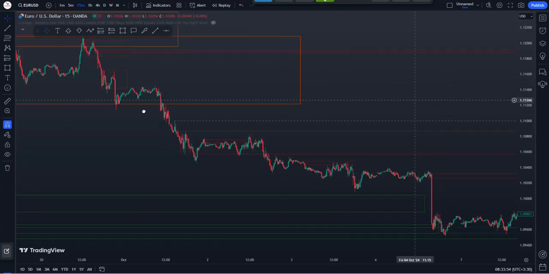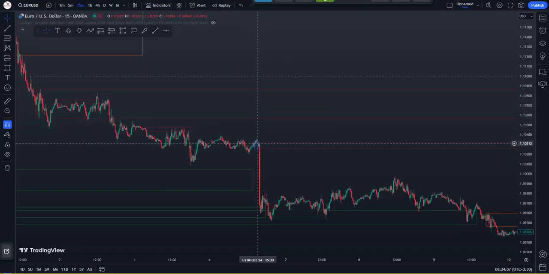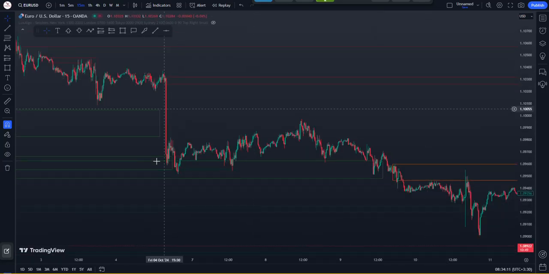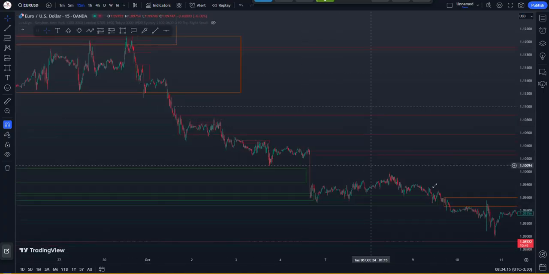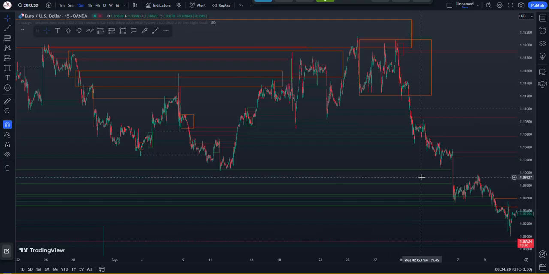So this is my first interested area for going short. Actually, after price went down from here, I was waiting for price to come back to this one for a trade, but it hasn't come back yet. So after price went down from there, this high went back to nowhere and only reached the ignored level. So let's be sure about that.